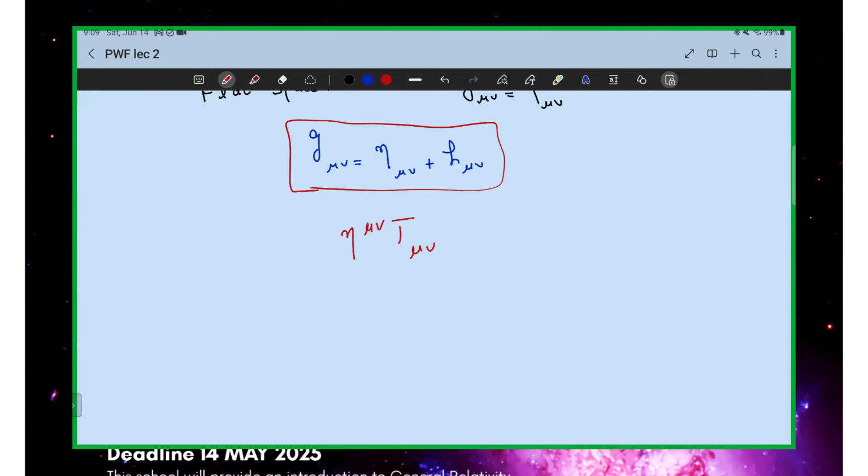So for example, if you raise with the full metric like this, that will give you an extra term, coming from this multiplied by this, but we will just ignore those terms, right? So we will raise and lower indices using the flat metric only. So this is a very important point. Remember that.